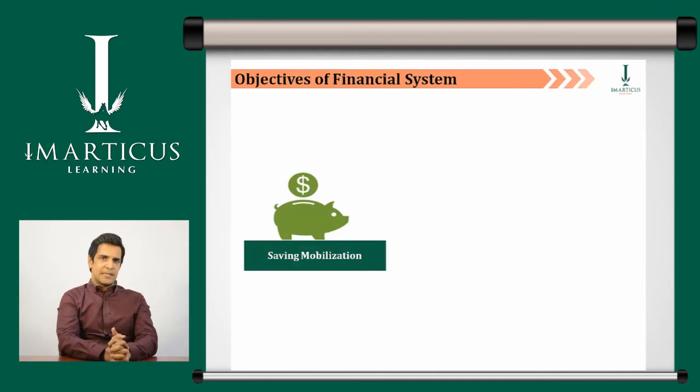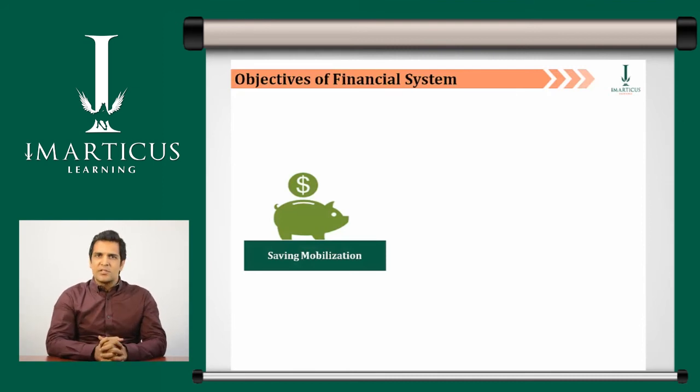As you can see, saving mobilization requires obtaining funds from the holder and then redirecting them to the one who needs those funds, that is the issuer. The issuer can be either a private party like corporates or a public agency run by the government.